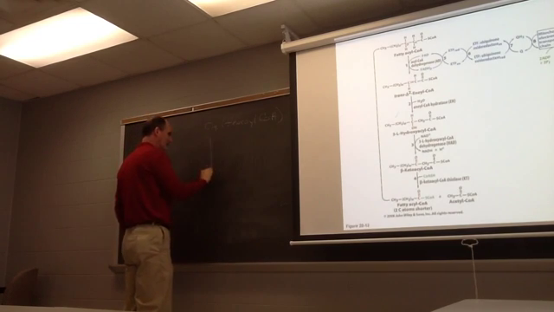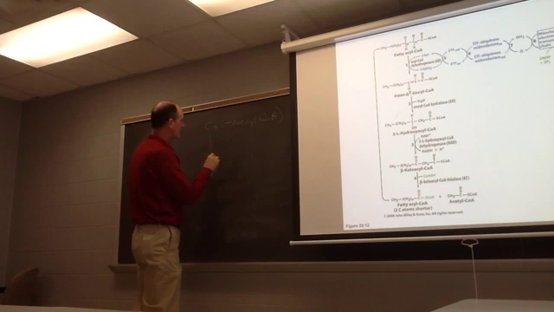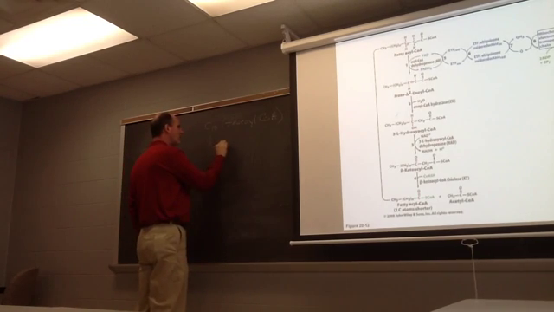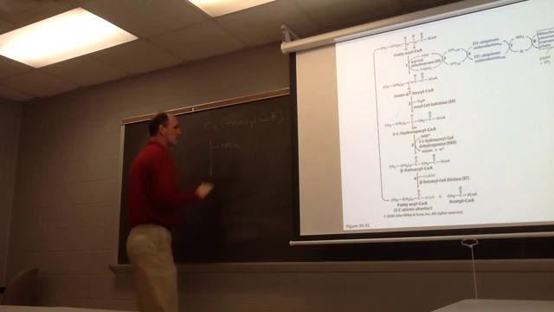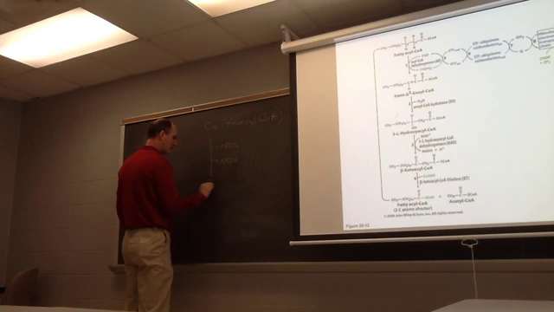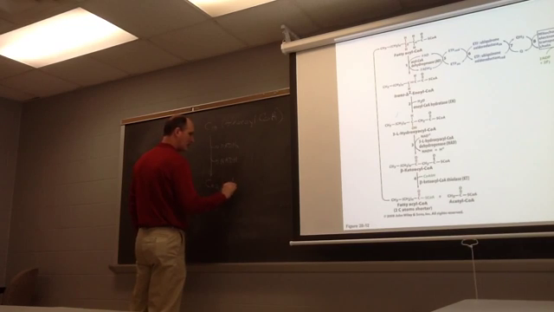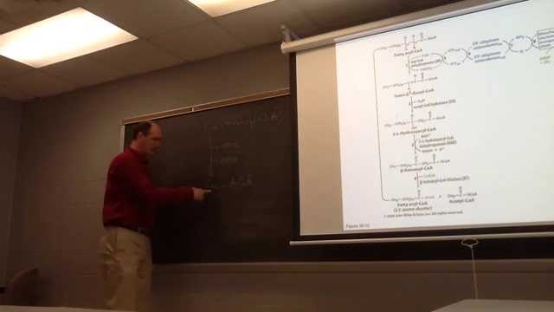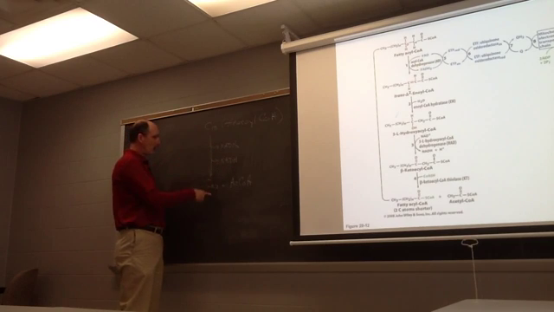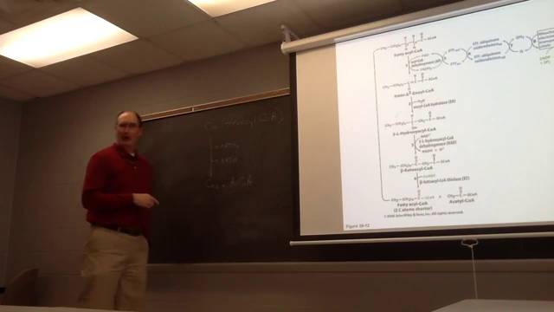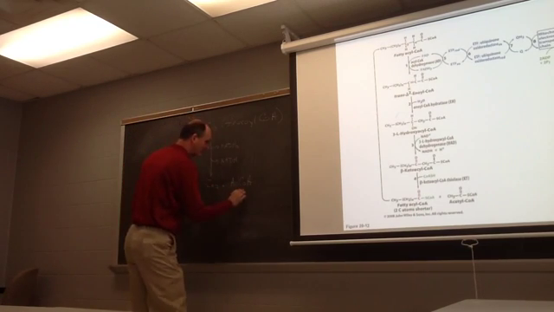For every cycle, we get an FADH2, an NADH, and we end up with a coenzyme A derivative 2 carbons shorter plus an acetyl-CoA. Acetyl-CoA is going to go into the citric acid cycle.